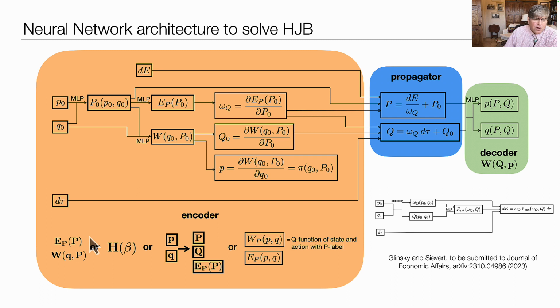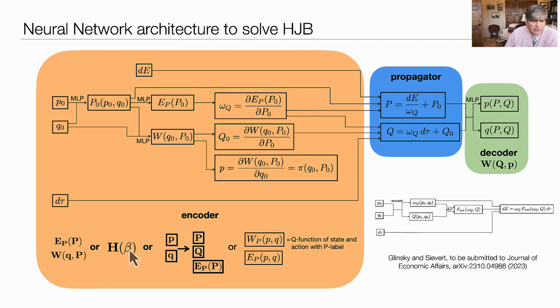And this is really encoding it into two fundamental things, or really one fundamental thing. One is the energy as a function of P, and the other is Hamilton's characteristic function, or the generator of the canonical transformation.